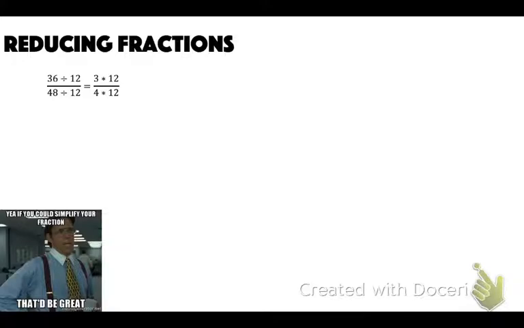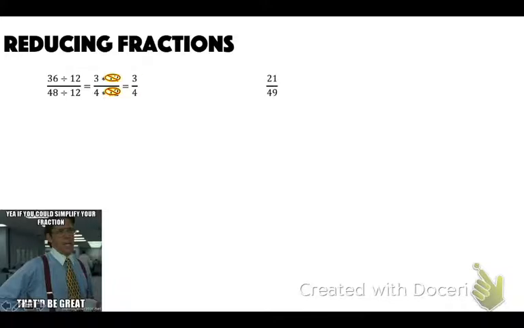And this is just saying when I divide this by 12, 3 times 12 is the same thing as 36. So I'm not changing this equation at all. 4 times 12 is the same thing as 48. And see how these 12s cancel? So 12 goes into 36 3 times, 12 goes into 48 4 times. So this equals 3/4. Just reducing fractions like you have done in the past.